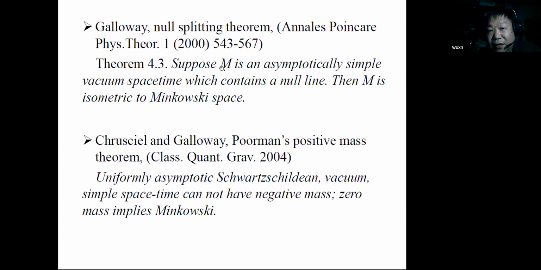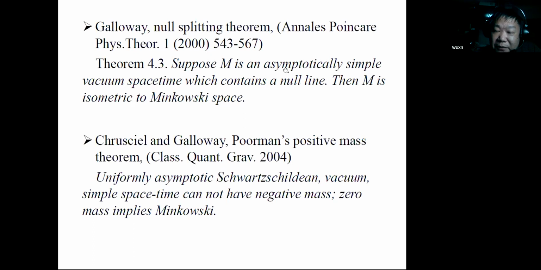He says that if M is an asymptotically simple vacuum spacetime, where asymptotically simple means, first, the spacetime is asymptotically flat, and secondly, every null geodesic in this spacetime is complete. So something called asymptotically simple means that you have a spacetime that contains no black holes.